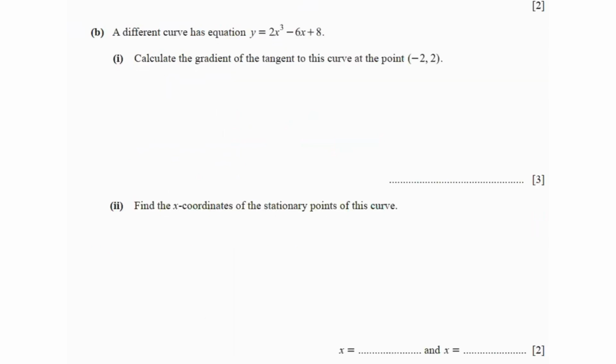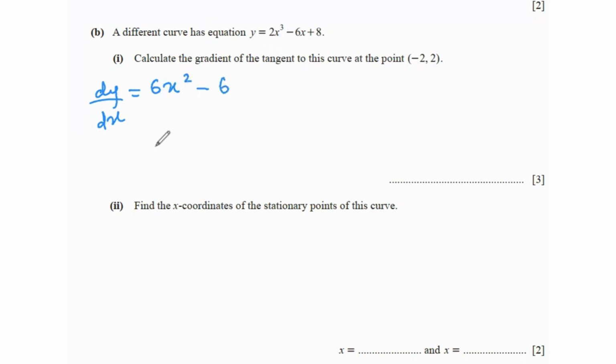A different curve has the equation y = 2x³ - 6x + 8. Calculate the gradient of the tangent to this curve at the point (-2, 2). Let's differentiate the curve first, because the gradient of the tangent and the gradient of the curve are exactly the same. So that's going to be 6x² - 6.